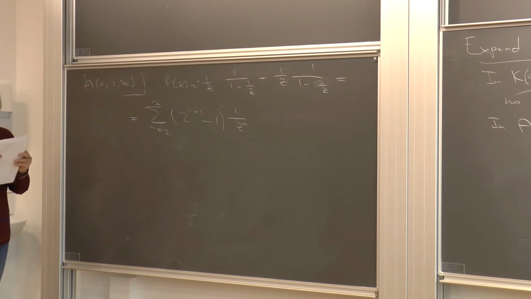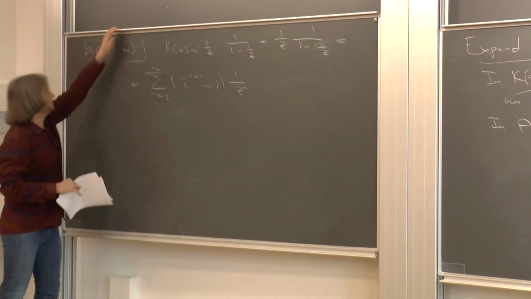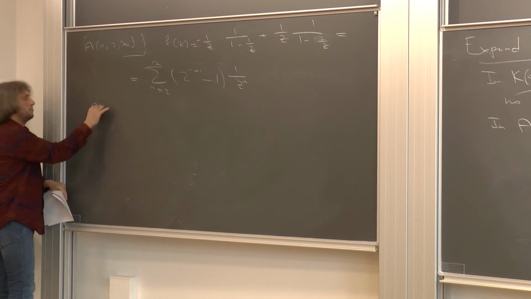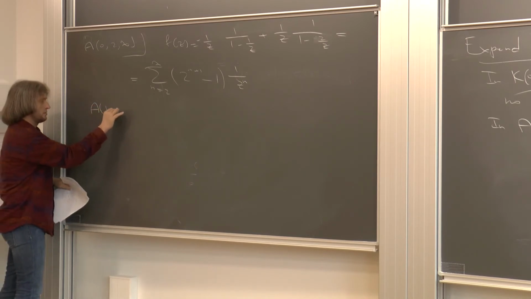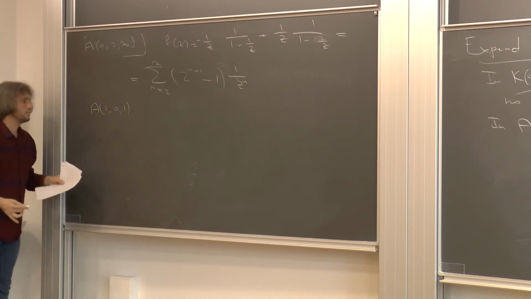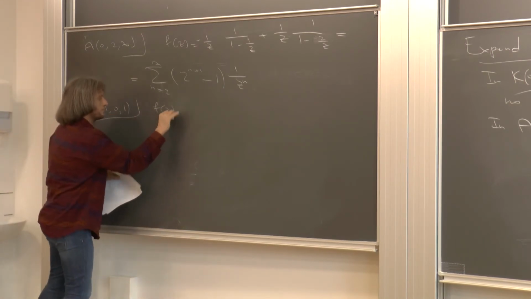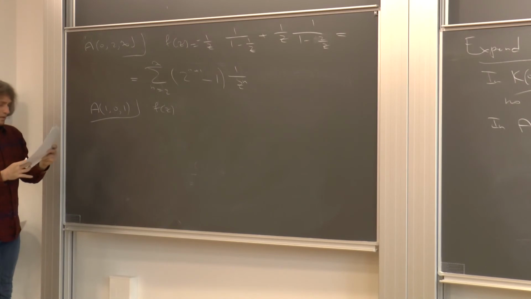So now let's try this punched disk around 1. So we'll be expanding in z minus 1.